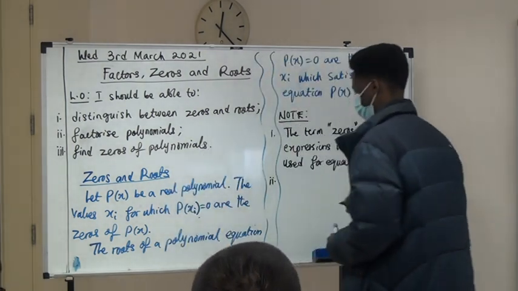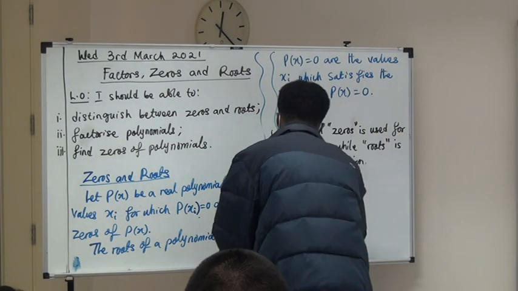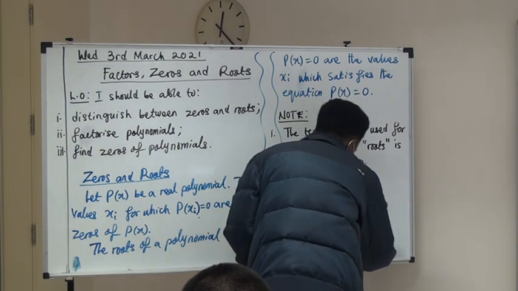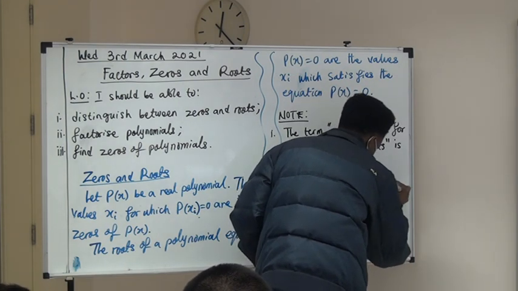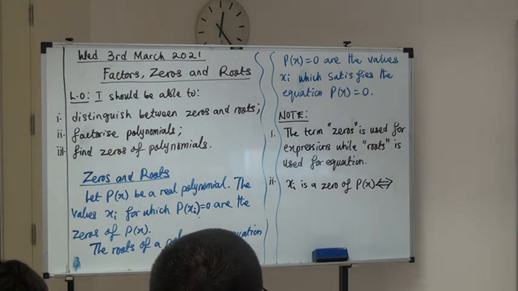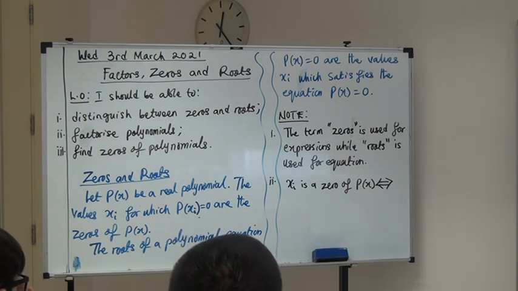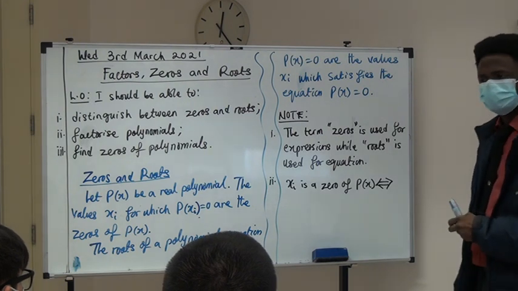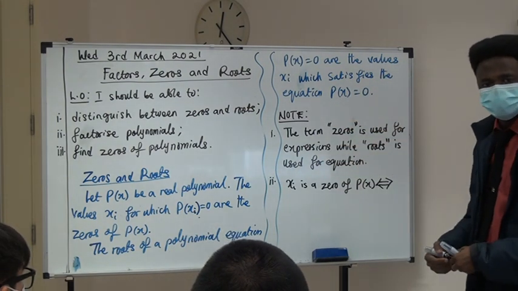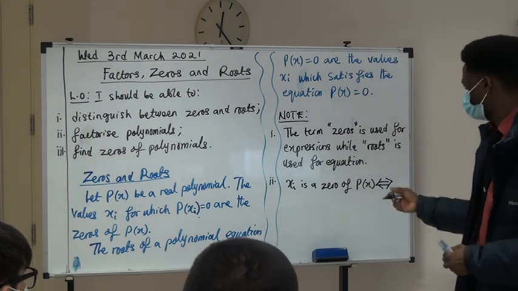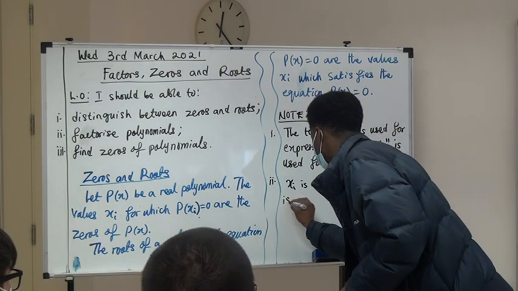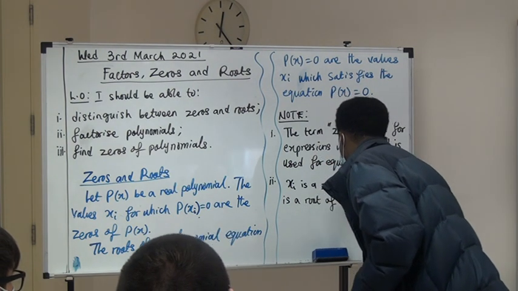2. Xi is a zero of P of x if and only if xi is a root of P of x equal to 0.